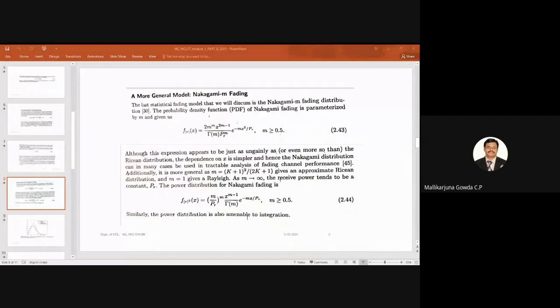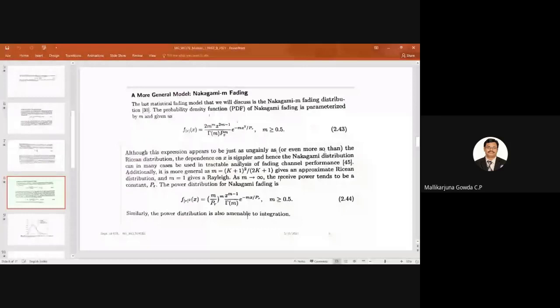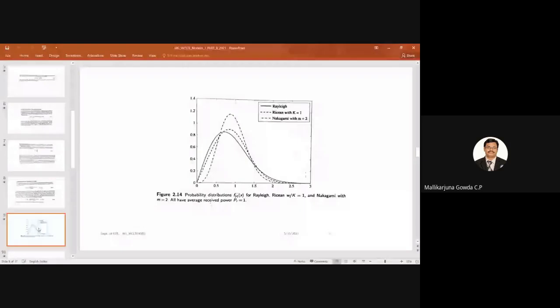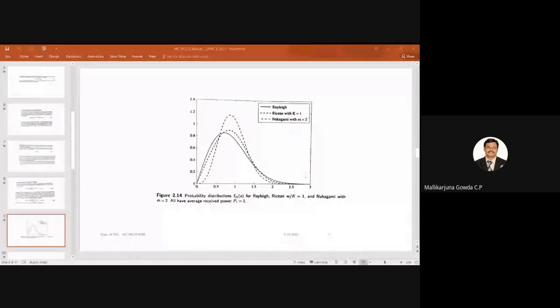To understand this with respect to the plot, this is the plot which shows all three statistical models. This is the probability distribution of those three statistical models. One is Rayleigh, the thick line, where Ri of t and Rq of t are Gaussian random variables.